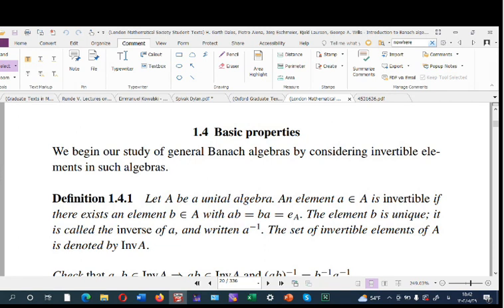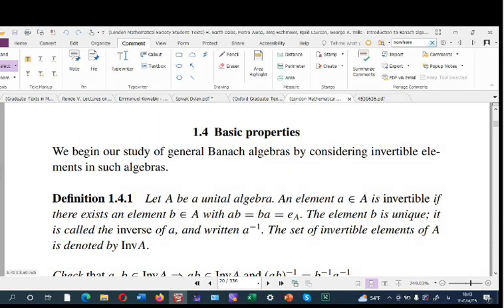We must have these equalities: ab equal to ba equal to the identity element of A. The element b is unique and it is called the inverse of a, and written a inverse. And the set of invertible elements of A is denoted by inv A.